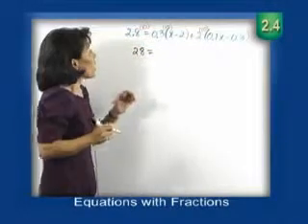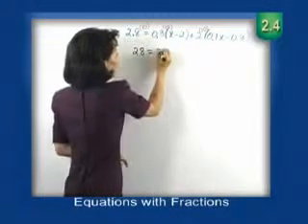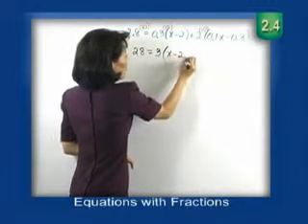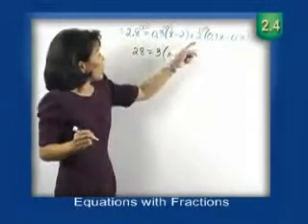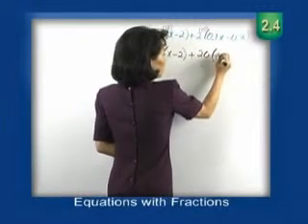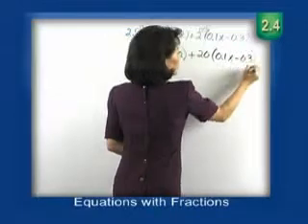Equals, on the right-hand side of this equation, I have 0.3 times 10, which gives me simply 3, and I rewrite the x minus 2 plus, now I have 2 times 10, which is 20, times 0.1x minus 0.3.